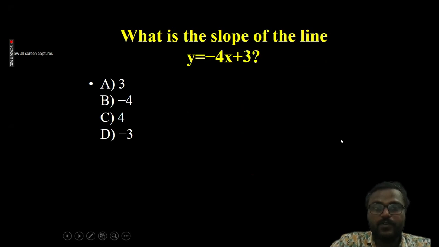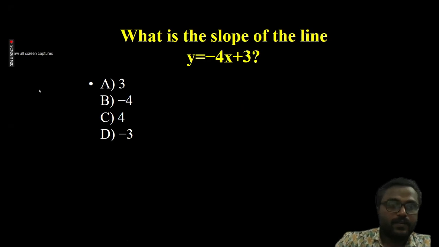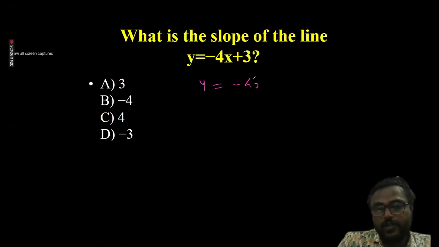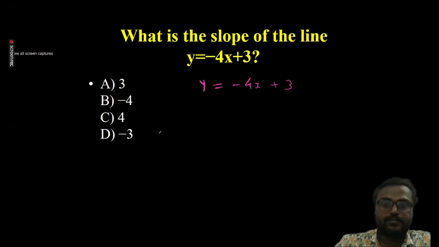Solve this question, guys, fast. The equation is y equals negative 4x plus 3. What is the slope of the line? Daniel has answered it pretty quick.